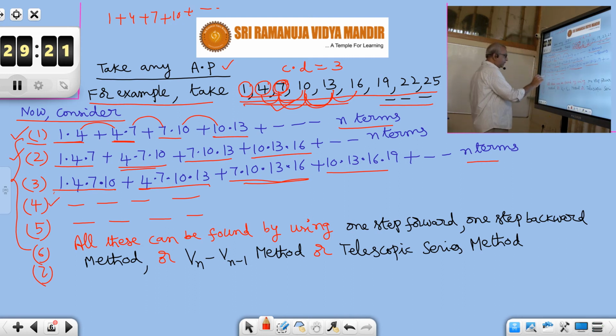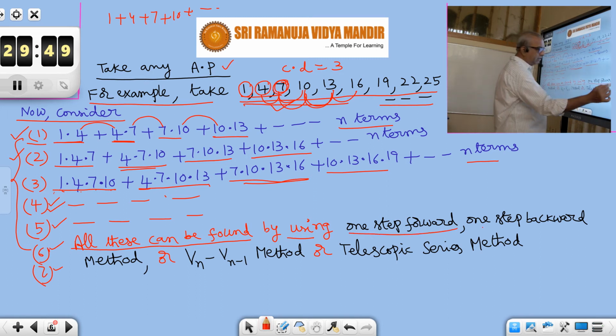Like that, can you write the fourth one? Fourth one is what? 1, 4, 7, 10, 13. Next, second term is what? 4, 7, 10, 13, 16. Like that, you can write the fourth one, the fifth one, the sixth one, the seventh one. All these series, their values can be found by using this method.